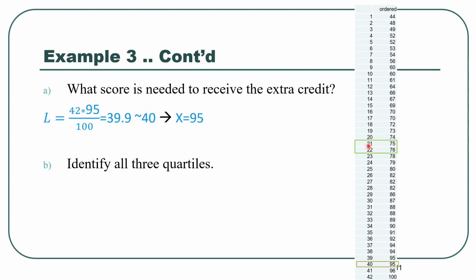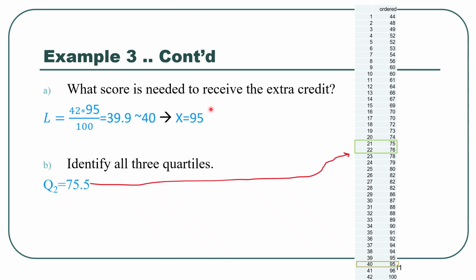The first one is n over 2, which is 21, and the following one is 22. So at positions 21 and 22, 75 plus 76 over 2 would be my median. So the median is 75.5, which is Q2.